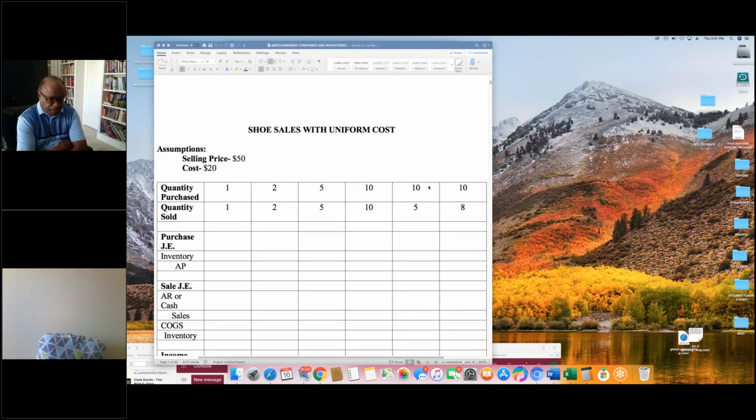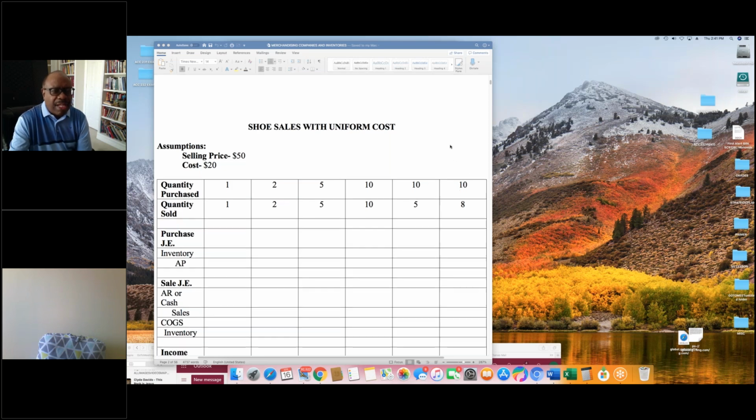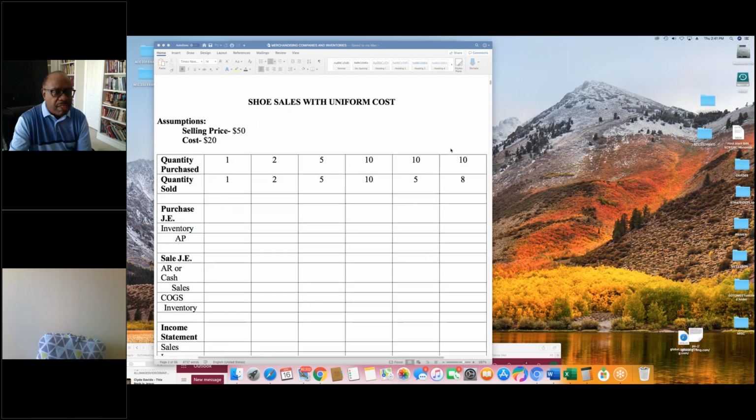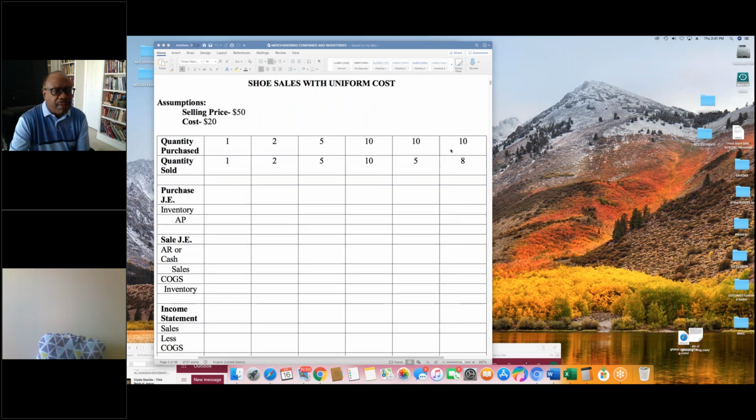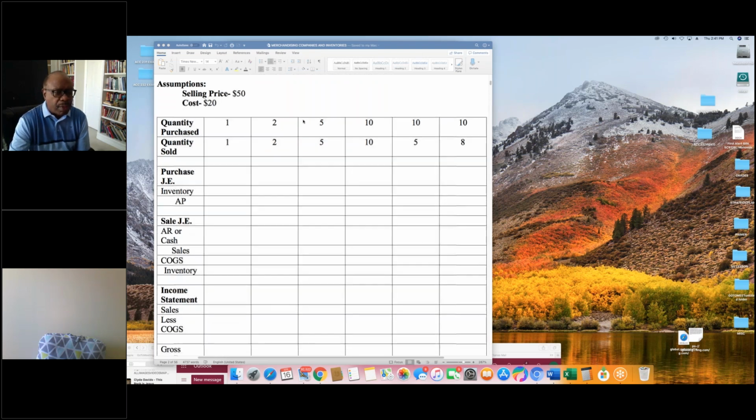Okay, so let's begin to look at how we will work this. And in our example, we have inventory. We're selling shoes that sell for $50, and the cost of the shoes was $20. So the selling price is $50. They cost us $20.